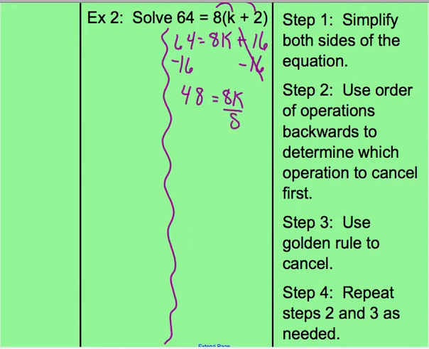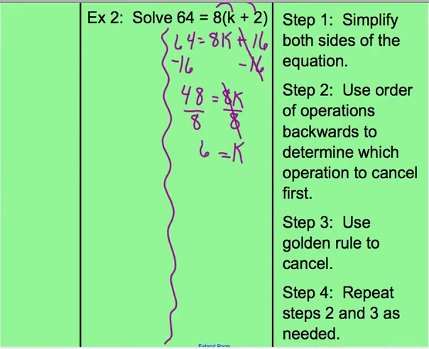Dividing both sides by 8 using the golden rule, I'm canceling on the side with the variable. I'm not actually performing the operation. You're probably getting sick of hearing me say that, but I cannot stress that enough because of the mistakes that I have seen students make. 48 divided by 8 is 6.